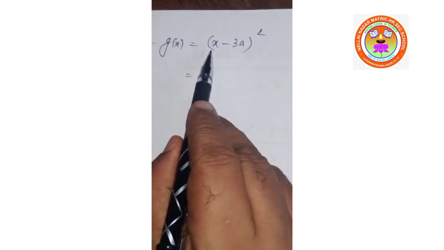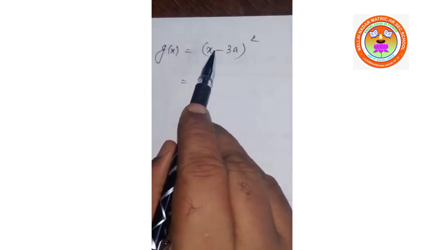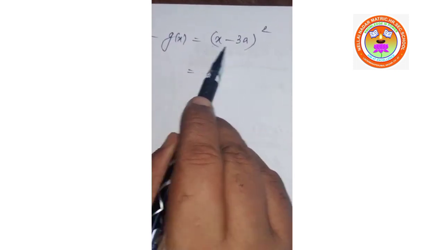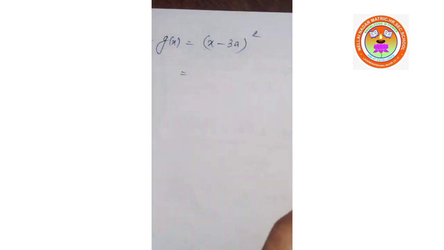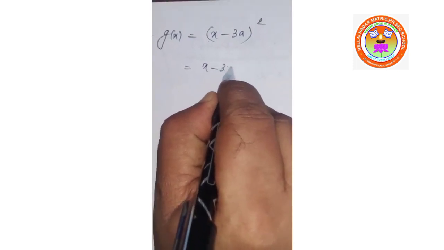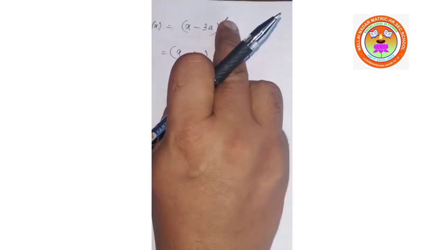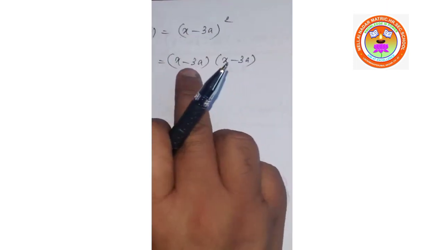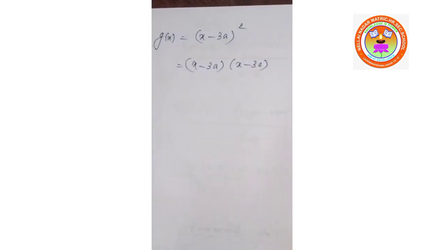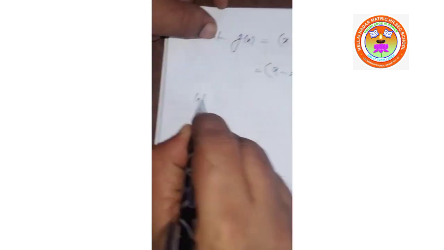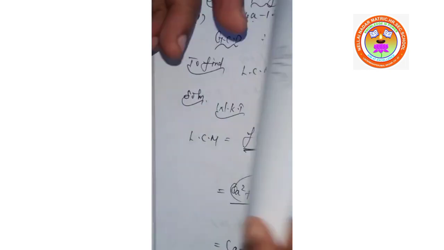Even though it is in the form of (a minus b) the whole square, you are not supposed to apply the identity. What to do, sir? Just write x minus 3a 2 times because of power 2. Suppose power 3, then write x minus 3a 3 times. Now write the formula for LCM.